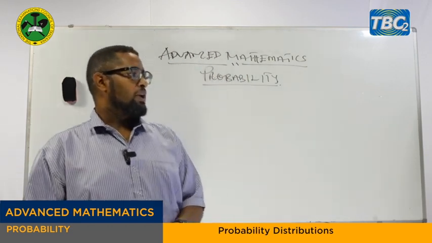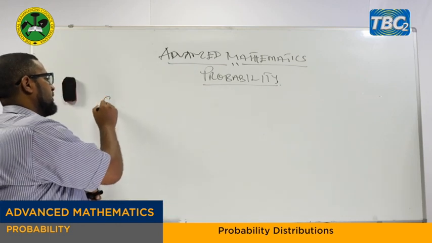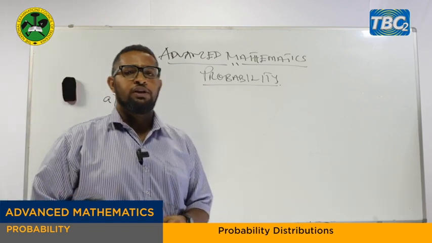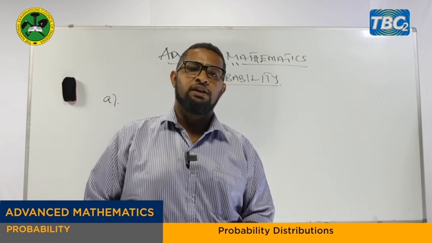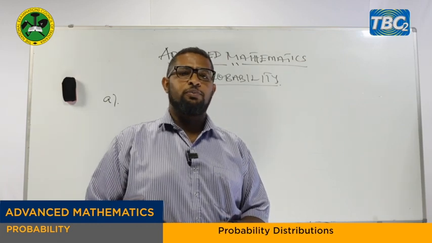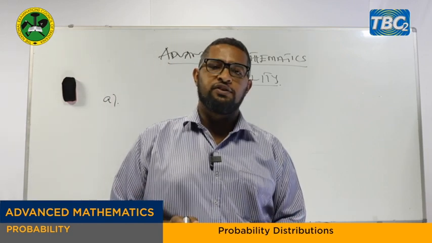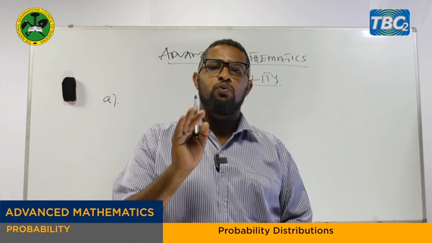Now let's go together. We have different formulas that you need to remember before we go to examples. So formula number one is the formula for finding probability. As you know, probability is always given by the number of events over the number of the sample space, and when you add all the given probabilities, you end up getting the value of 1.